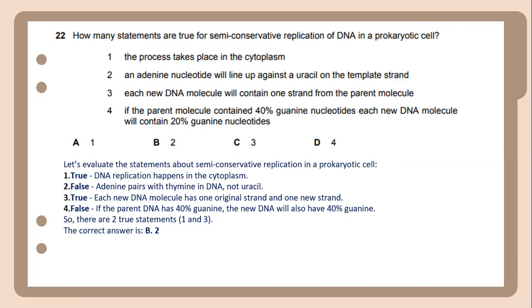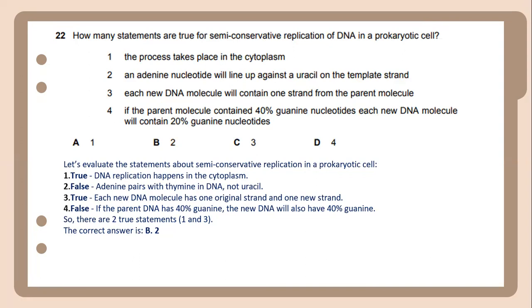Number 3, each new DNA molecule will contain one strand from the parent molecule. This is also true because each new DNA molecule has one original strand and one new strand. And number 4, if the parent molecule contains 40% guanine nucleotide, each new DNA molecule will contain 20% guanine nucleotide.